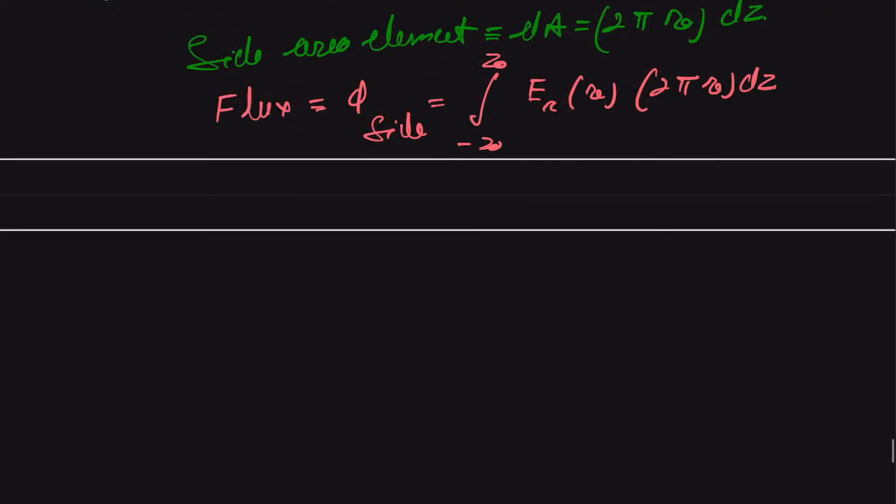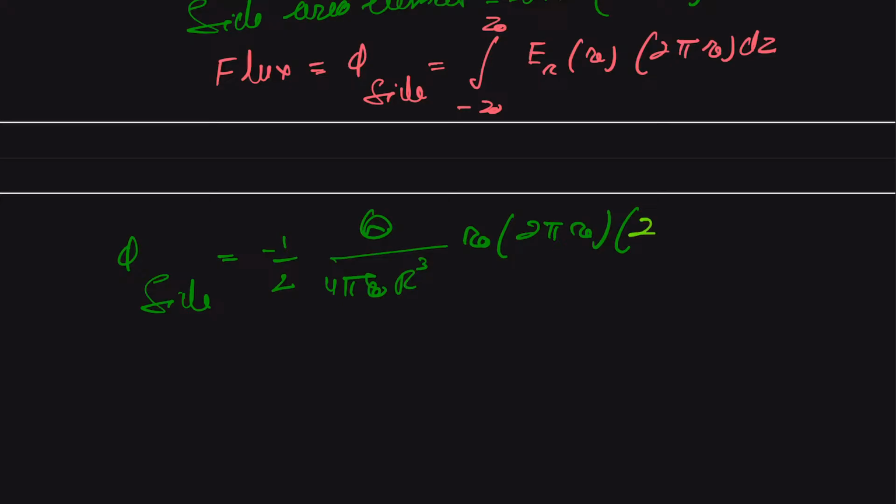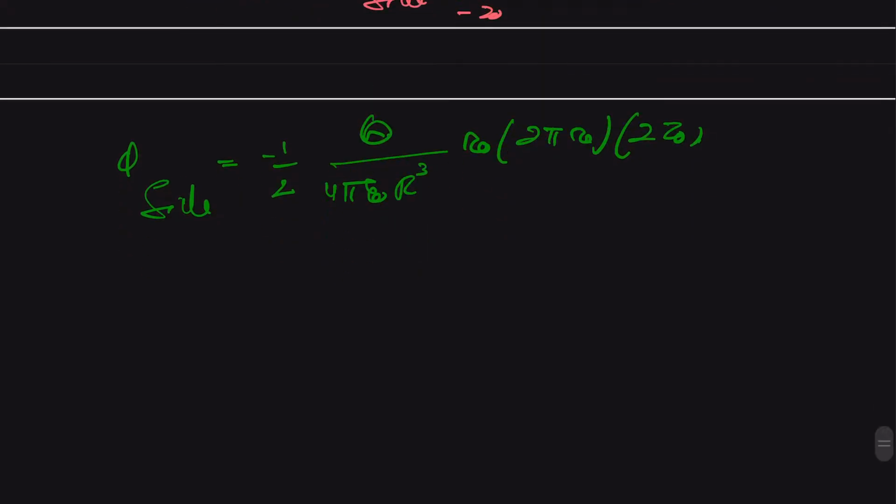And so we get phi side, flux through the side, will be equal to -1/2 and q upon 4 pi epsilon naught r cube r naught, 2 pi r naught, and this comes to 2 z naught, because the rest of the things will be constant, only z is our variable, and we can easily solve this.